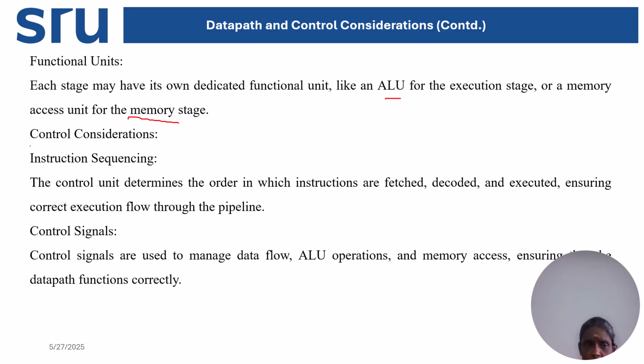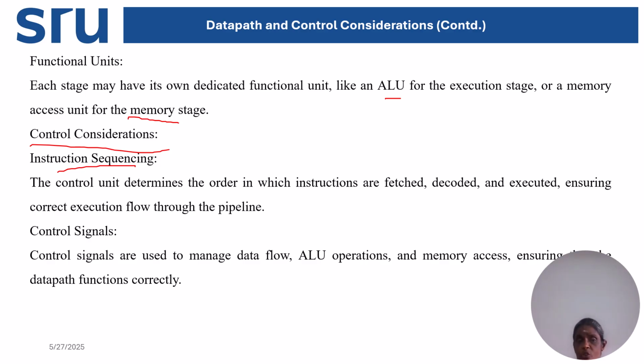And then control considerations. So that is up to the data path considerations. Now coming to the control considerations: instruction sequencing. The control unit determines the order in which the instructions are to be taken, and then decoding, and then execution, and then writing the results.